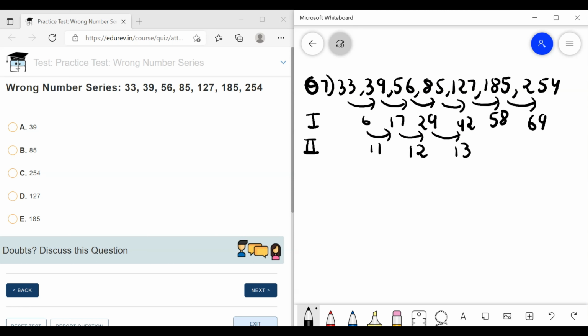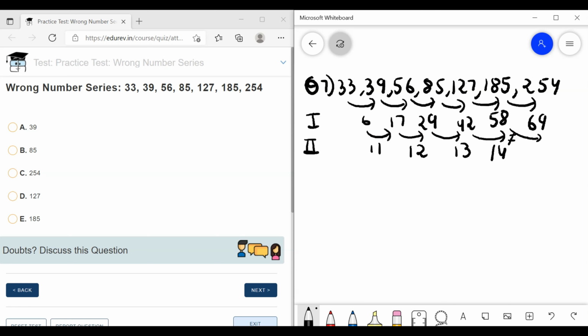Now from 42 to 58. Okay, so we add 10 to it, it becomes 52, then we add 4 for 14, so it becomes 56. But here it's not equal. It should have been 14, but the difference is not equal according to the pattern. What about 58 to 69?